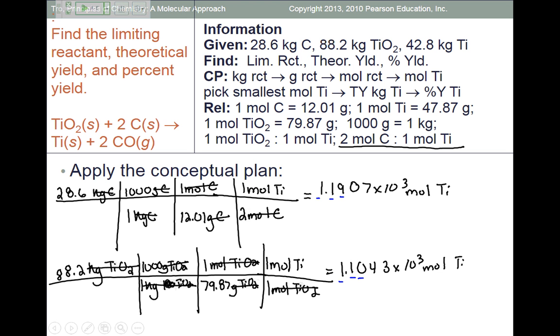So even though we have less mass of carbon, that's not a good indication. We have to do this full calculation so we can fully understand what's happening. Because of course carbon weighs a different amount, and our relationship with our reactants and our products. So our limiting reagent is going to be TiO2. So this is the moles we're going to use to calculate our theoretical yield.